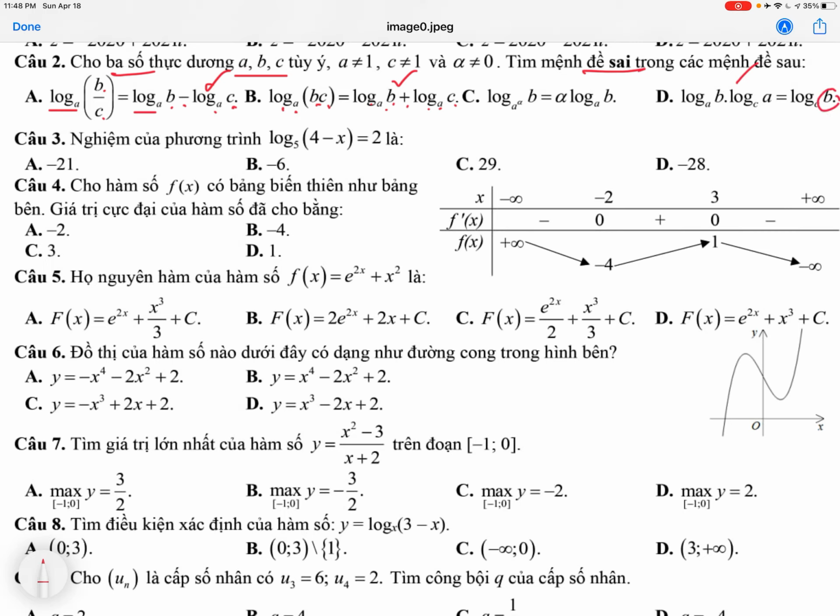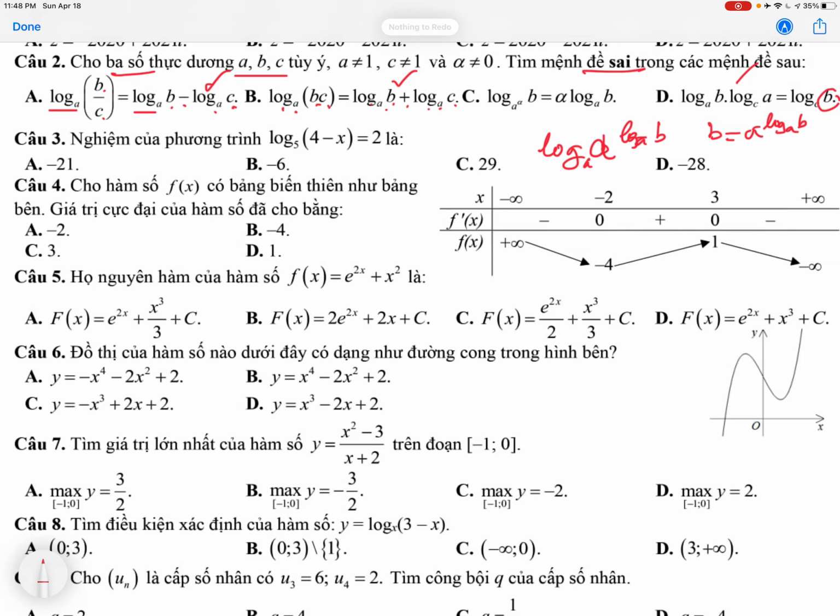For this part, if you write b as a raised to log base a of b, you will find the right hand side becomes a to the log base a of b.